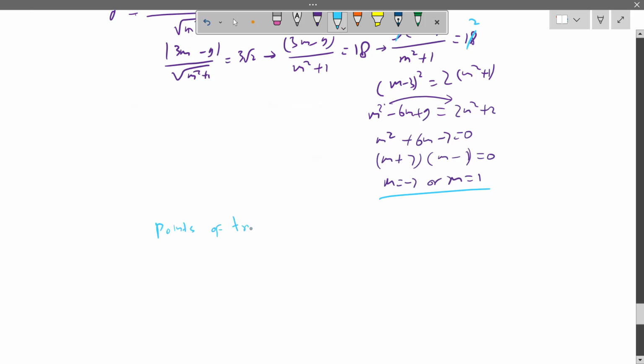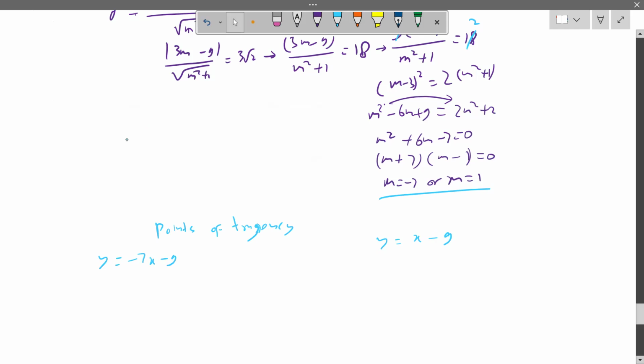Points of tangency. So one of the lines is y equals -7x minus 9. And then the other is y equals x minus 9.